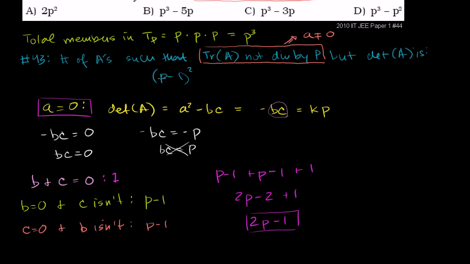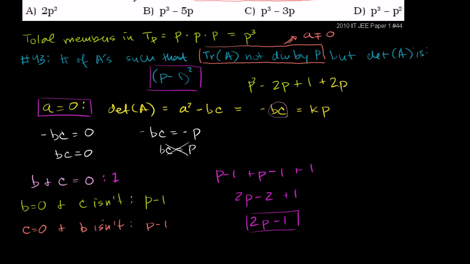In the last video, we had p minus 1 squared possibilities when a does not equal 0. So if we want the total number of A's where the determinant of A is divisible by p, we can add the number that we got in the last video to the number we just got. So let's do that. This is equal to p squared minus 2p plus 1. And then I want to add this 2p minus 1 here.